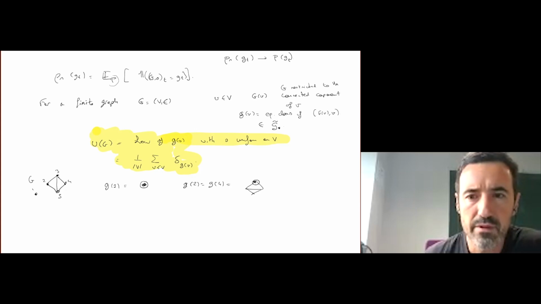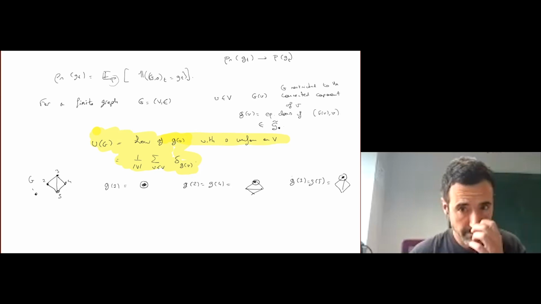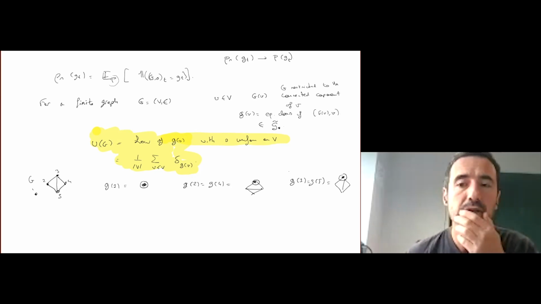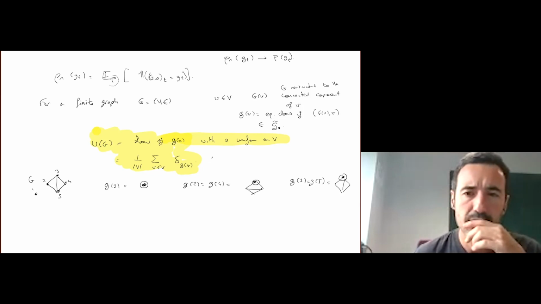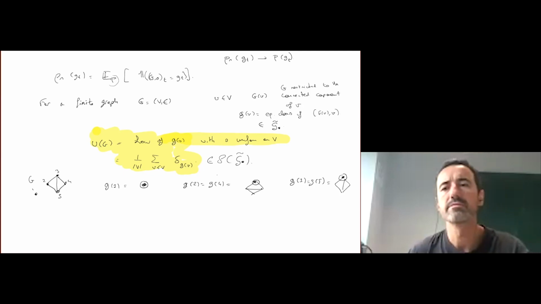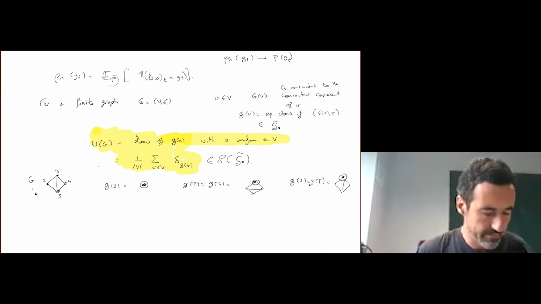I remove the vertices and just point the roots, because they are unlabeled graphs. And G of 3 is equal to G of 5, this graph. So you see the information that we have lost is the names of the vertices, and we only look at the graphs in the connected components. Each is an element of the probability measure, so I take the empirical measure of these and I obtain U of G.